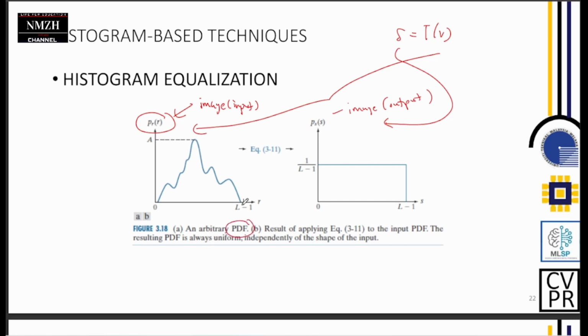PDF is basically the probability distribution function. Okay. So the result of applying equation 3.1 to the input PDF. So this one is basically when we solve the discussion of the PDF.